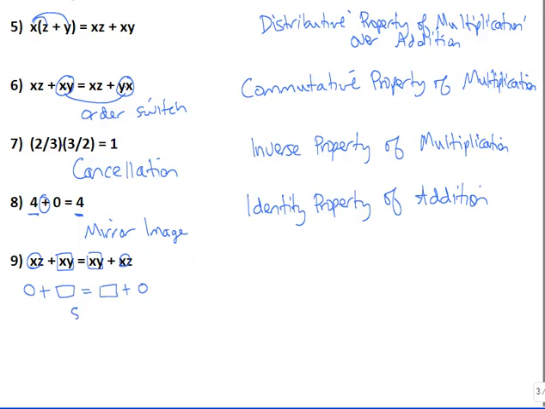And that's a switch of order. So all we've done is switch our order around. So this must be a commutative property. The tricky part is figuring out what operation is being used. And if you look at your circle and your square, what is the operation between the circle and the square? It's addition. So this is the commutative property of addition.